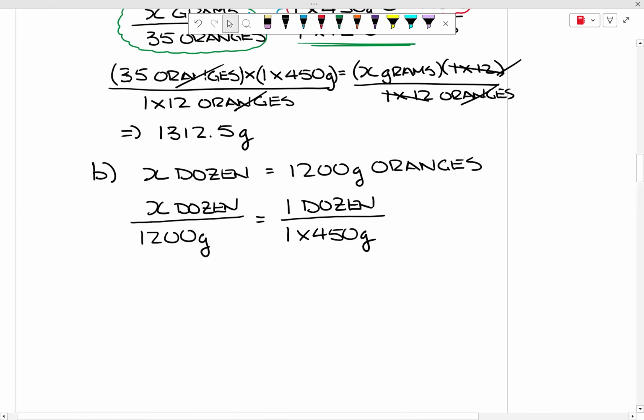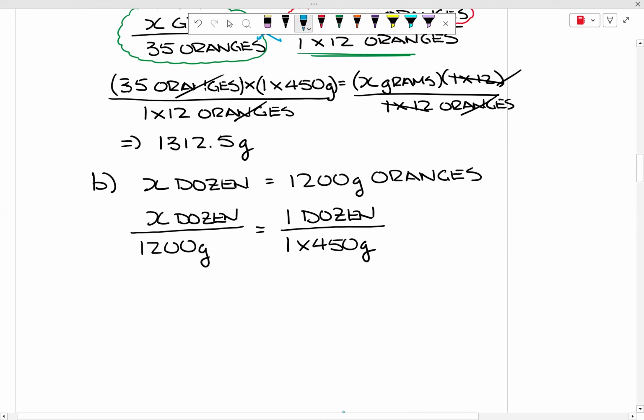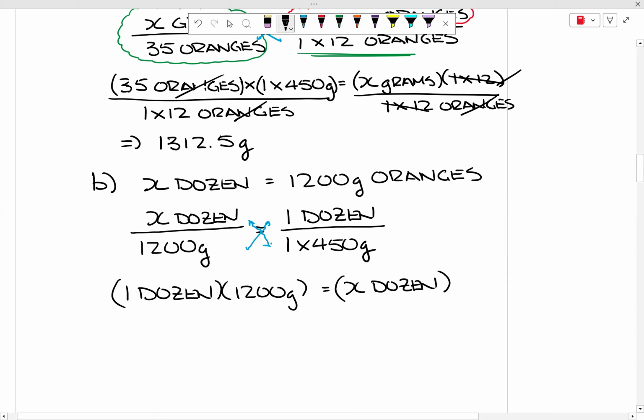Again, you can cross multiply. So you have 1 dozen times 1,200 grams is equal to X dozen times 1 times 450 grams. You divide both sides by 1 times 450 grams.